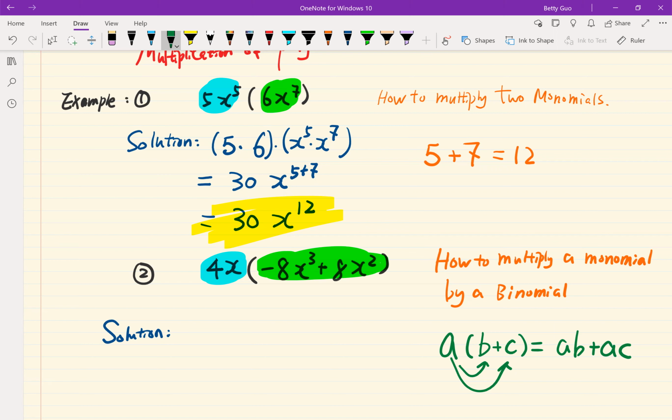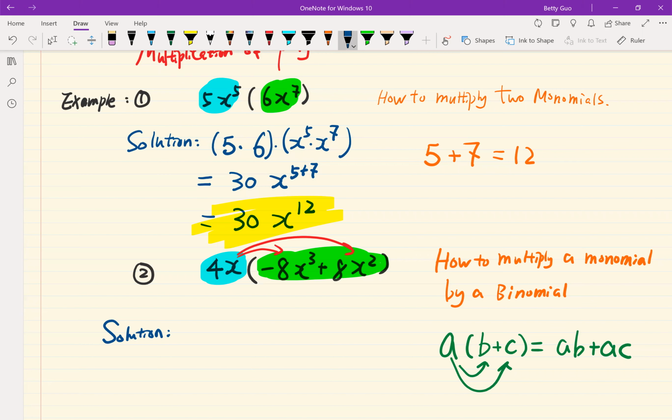So you're going to see 4x as the coefficient of the parentheses. And inside the parentheses, we have two terms, right? So we're going to use the 4x to multiply negative 8x cubed plus 4x multiplied by 8x squared. Is that clear? We use the monomial outside the parentheses to multiply each single term inside the parentheses.